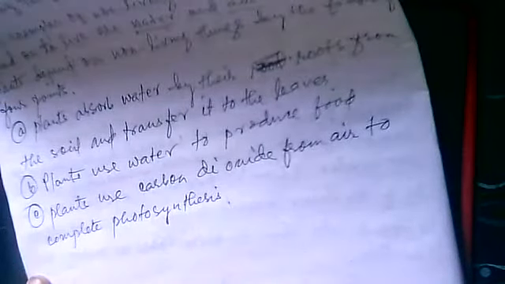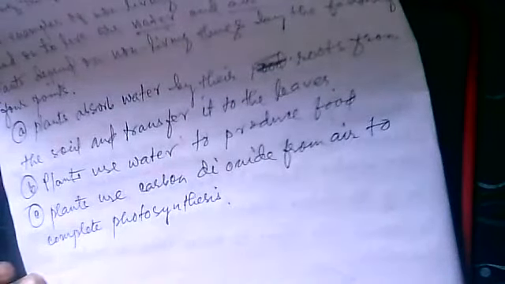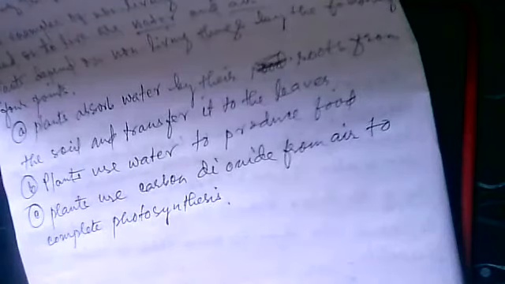The process of making food by plants in the presence of sunlight is called photosynthesis.